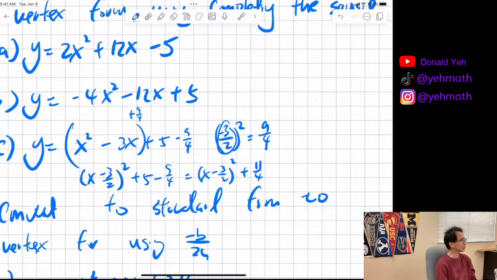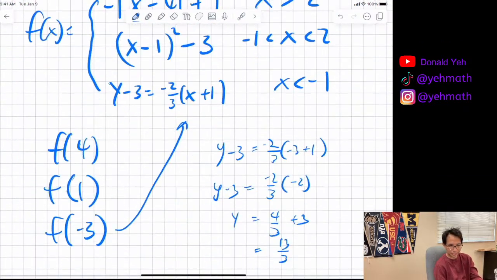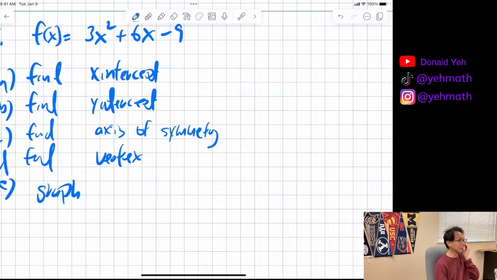Next one. Yes. I'm glad you asked that one. Finding x-intercept. You should be able to find y-intercept. That's easy. Everything in algebra, if you want to find y-intercept, that's the best thing for you to find, especially on SAT.